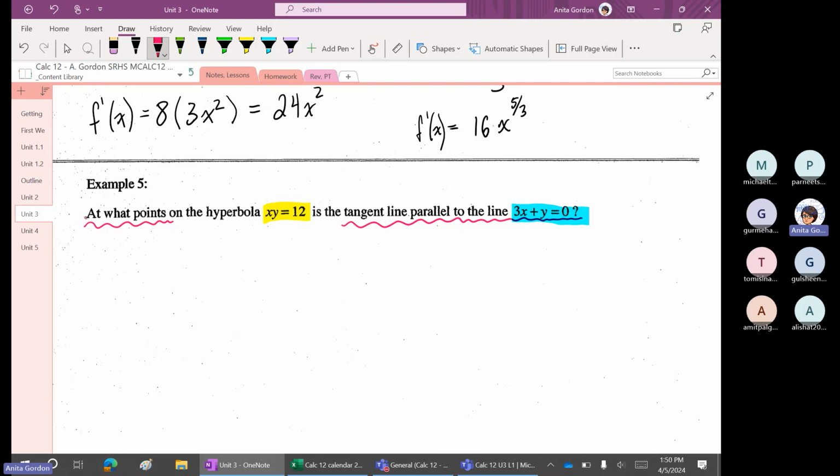We want our final answer to be coordinates. At what points? We have an f of x here. We want the tangent line to be parallel. What does this word mean? Parallel lines have what in common? Yes, they have the same slope. So we want to have the same slope as this equation. What is the slope of that equation?